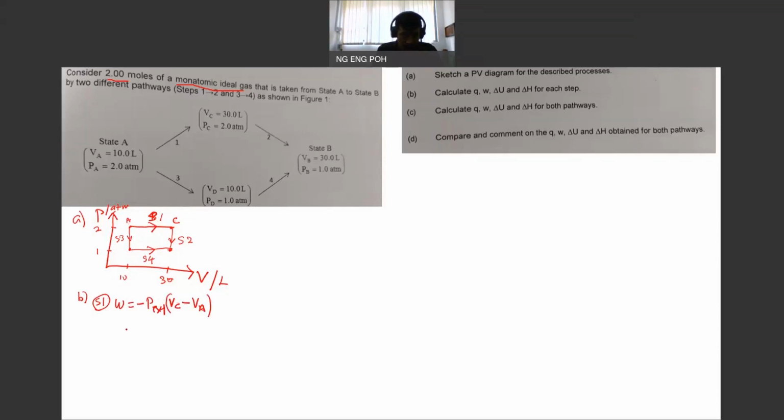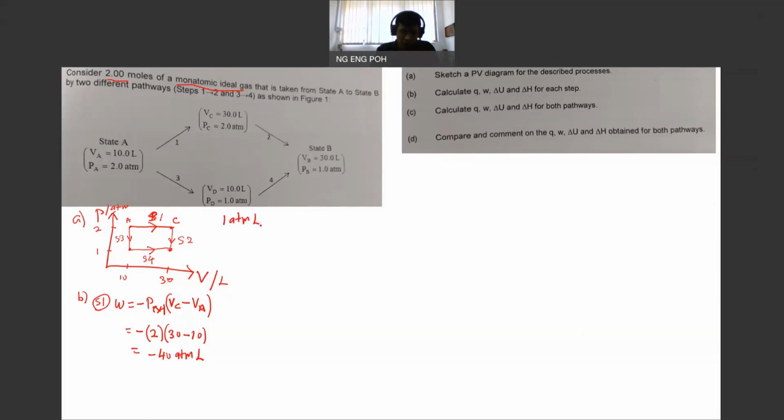This equals minus P, which is 2 atm, times Vc, 30, minus 10 liters. So you will get minus 40 atm liters. Here I will write first 1 atm liter.